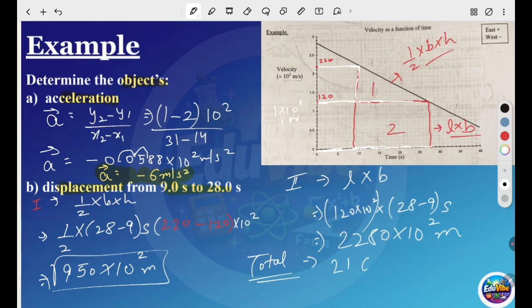You get 2166 into 10 raised to power 5 meters. So you get approximately this answer. This answer also varies from your point of view to my point of view. So you can take any points, but with approximate values you get the answer around this value, not exactly this one. You can try by your own to get the answer for this.